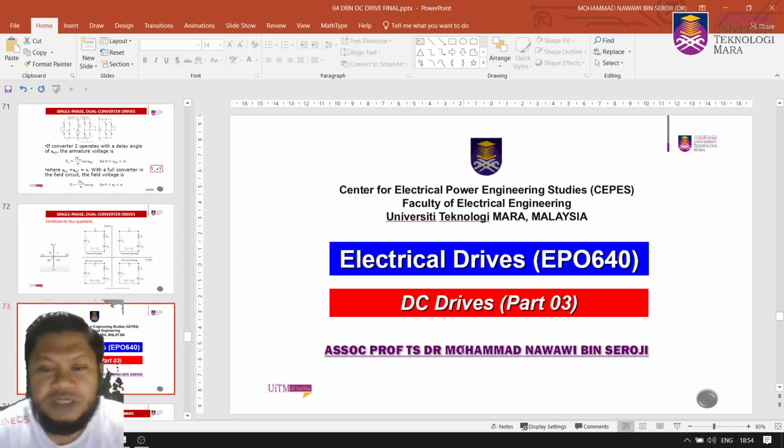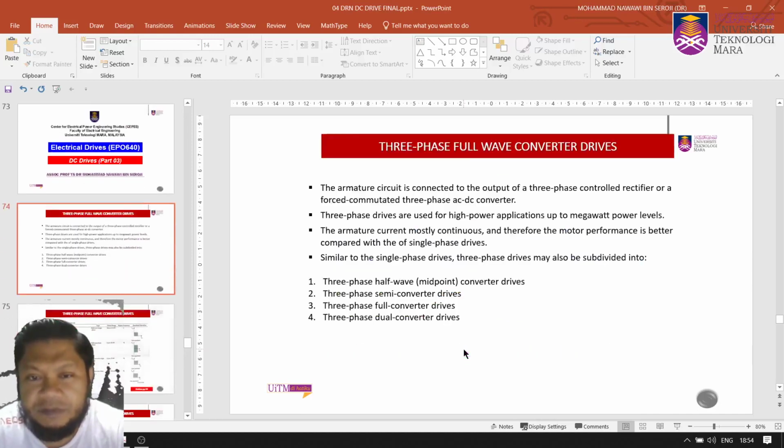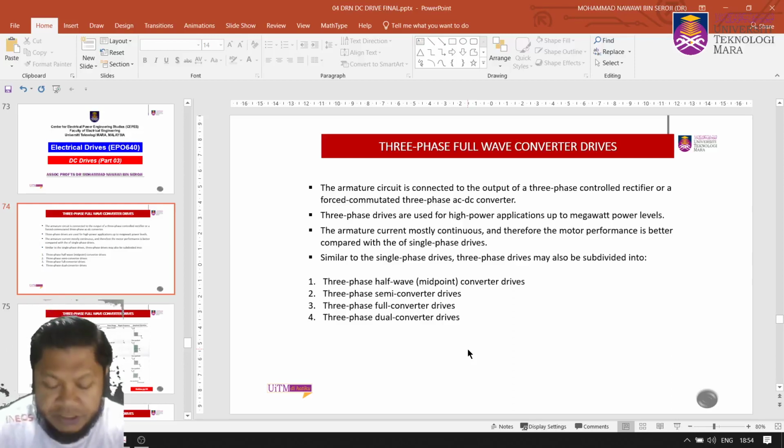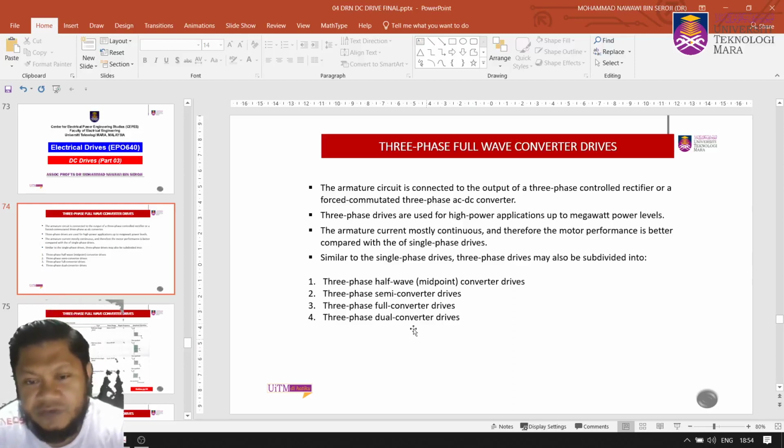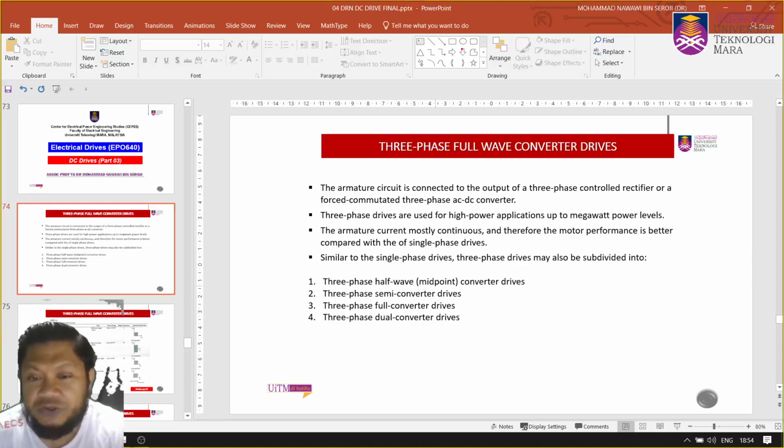For the 3-phase voltage, you can have a few circuit connections. The first one can be the half wave or midpoint converter, whereby you're going to use only 3 thyristors.